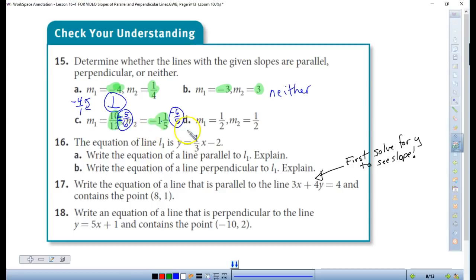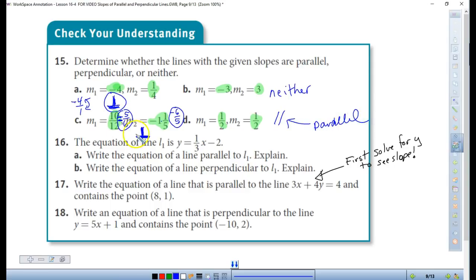Look at those. They're opposite signs and reciprocal. So those are perpendicular. So this one was perpendicular. This one was perpendicular. And then here on letter D, we can easily see 1/2 and 1/2 are the same. So those are parallel. That means parallel.